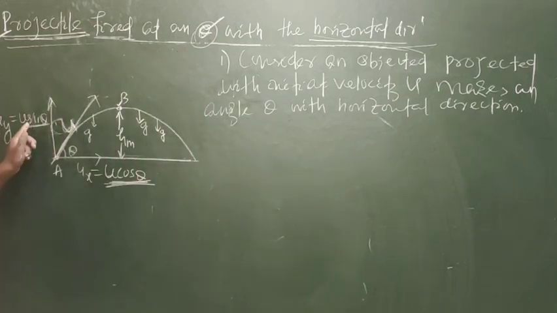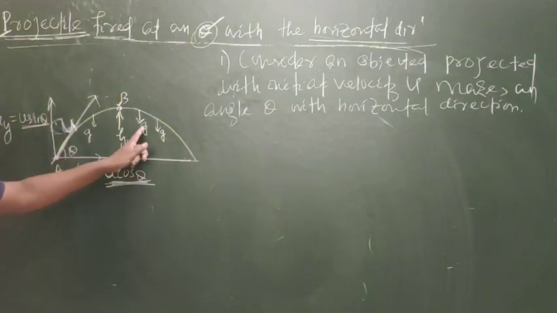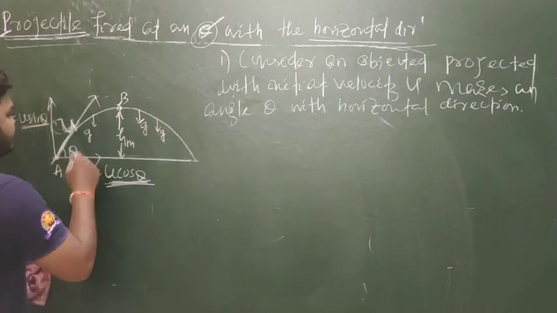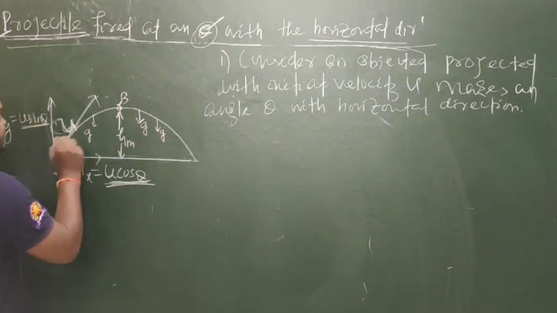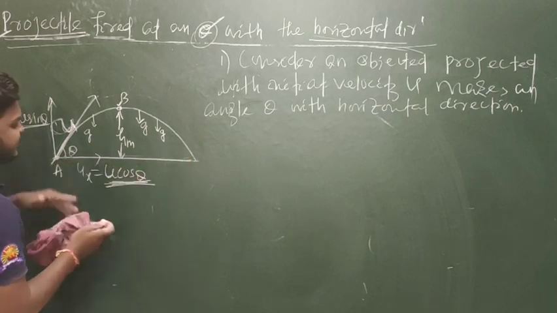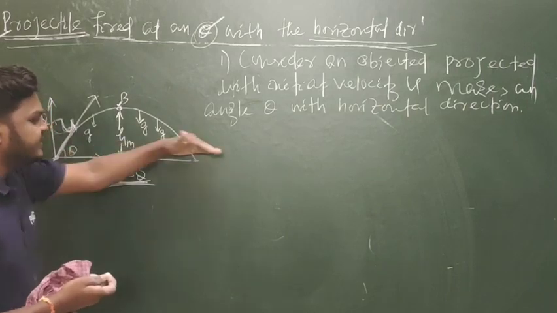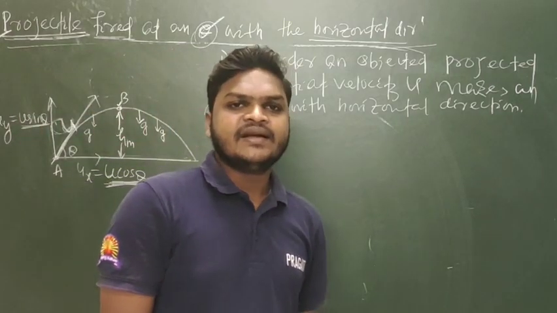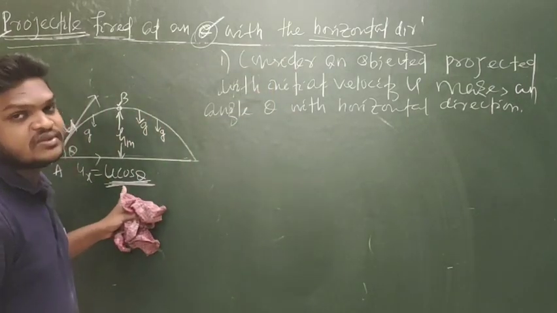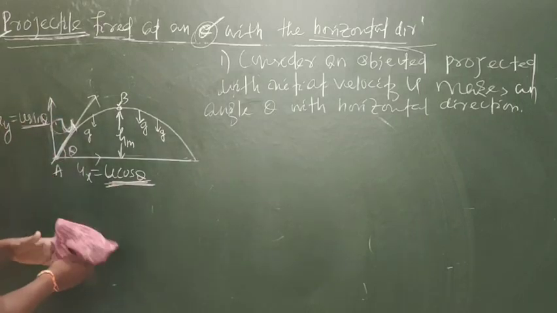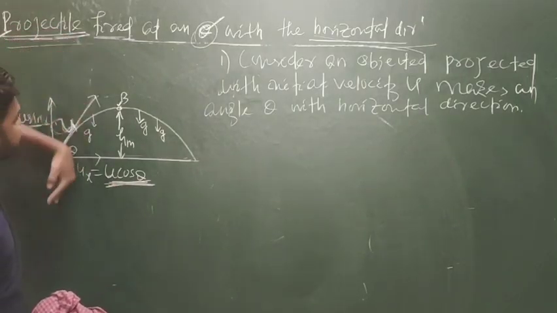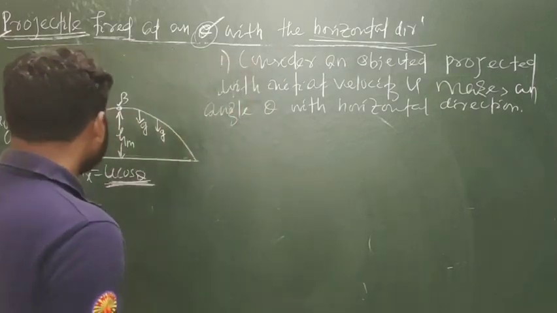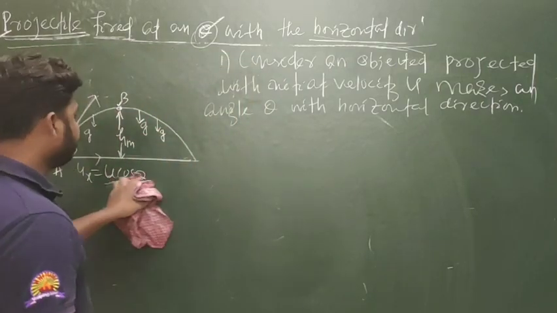So the vertical velocity is influenced by gravity, but along the horizontal direction there is no action of gravity. So horizontal velocity is not influenced by gravity. It is always constant throughout the motion. But vertical velocity is influenced by gravity, because gravity is always exerted towards the center of the Earth.